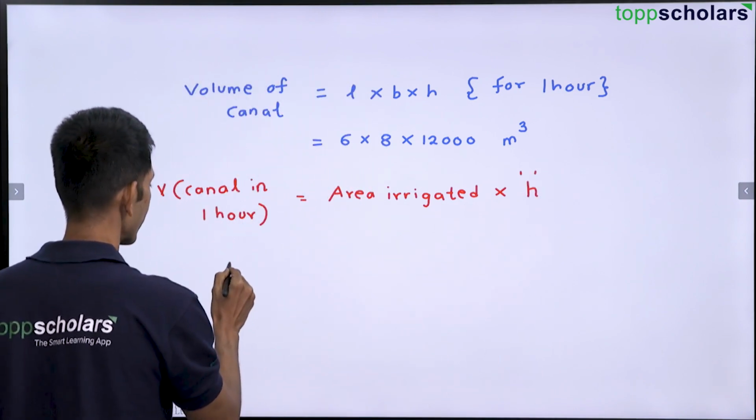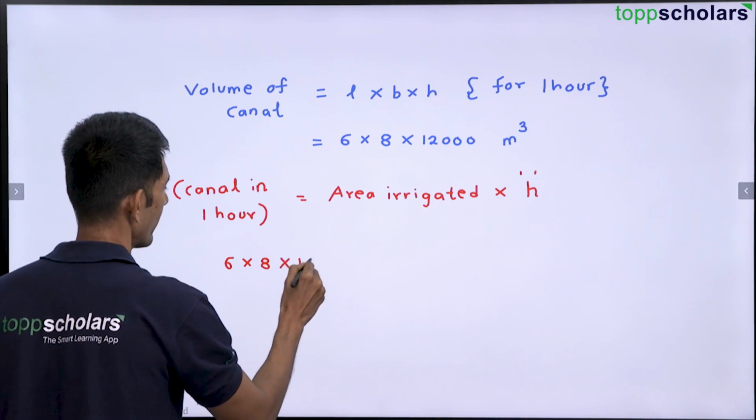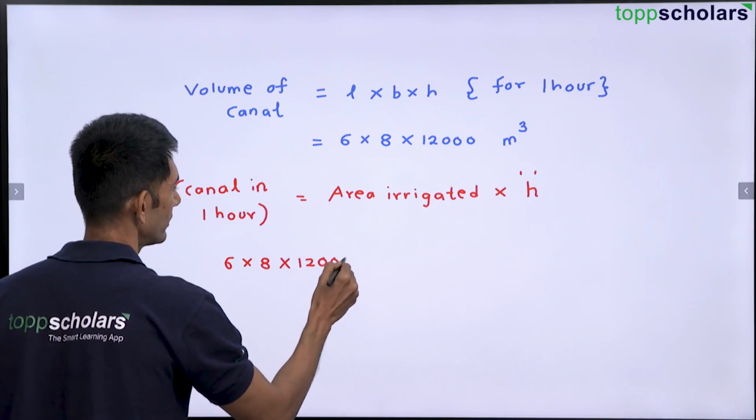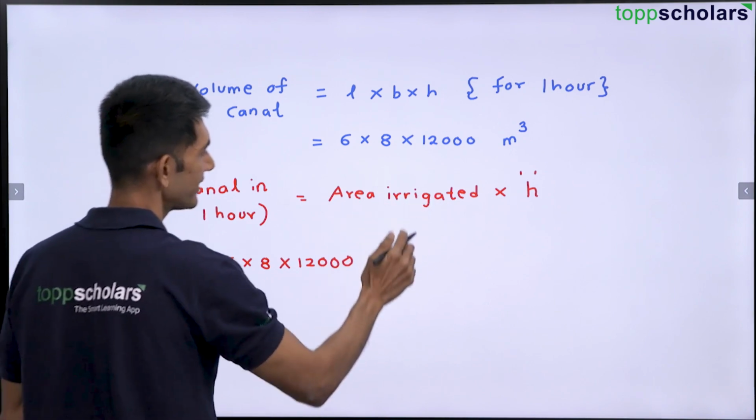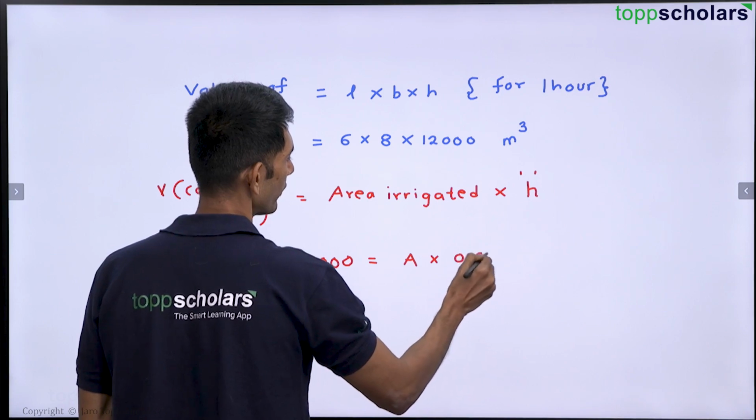So here I get 6 into 8 into 12,000 is equal to, this is the area which we are supposed to find out, multiplied by 0.05.